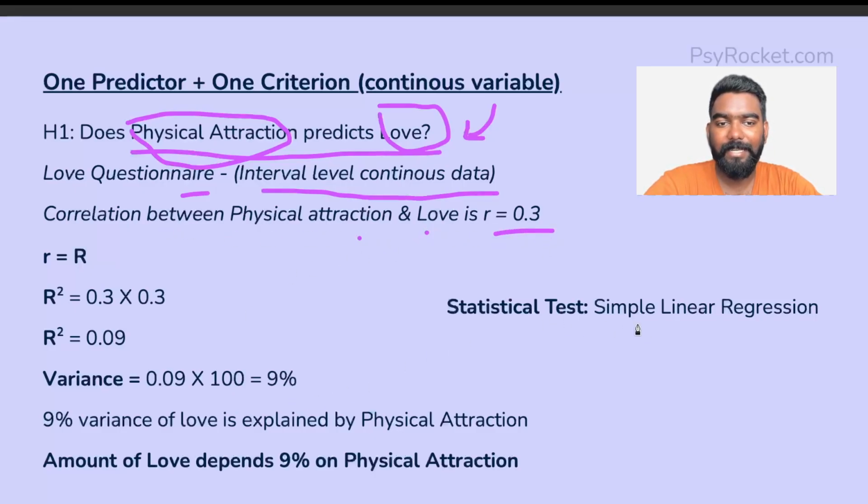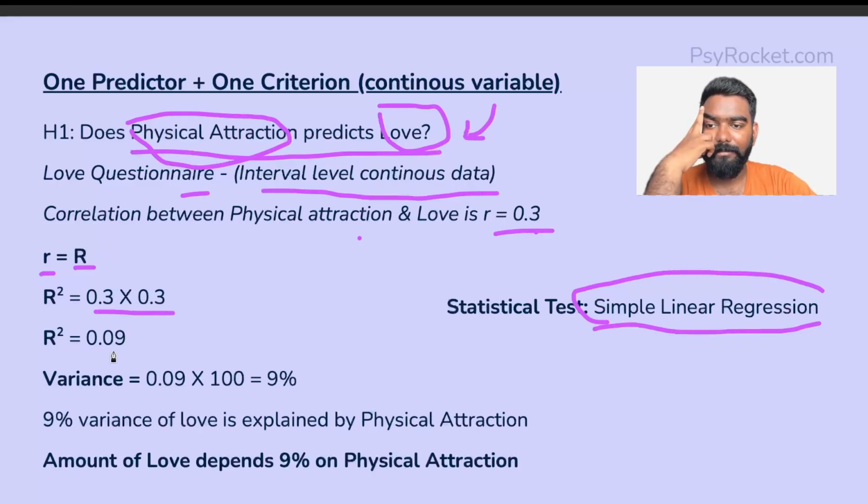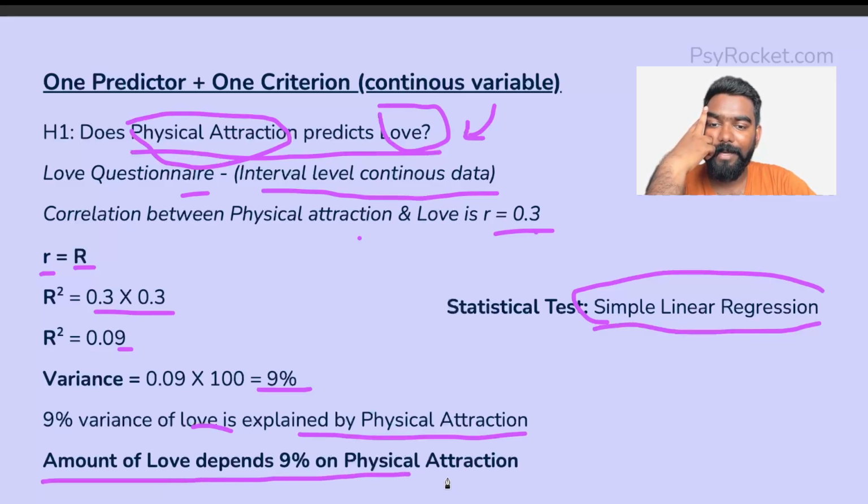This is simple linear regression, when you have just one criterion variable and just one predictor variable. Here the R value, the combined correlation value, is just this single correlation value, because you do not have multiple predictor variables. So R equals 0.3. Then what is R square? 0.3 times 0.3 is 0.09, which means 9% of the variance of love is being explained by physical attraction, which means the amount of love depends 9% on physical attraction. Got it?